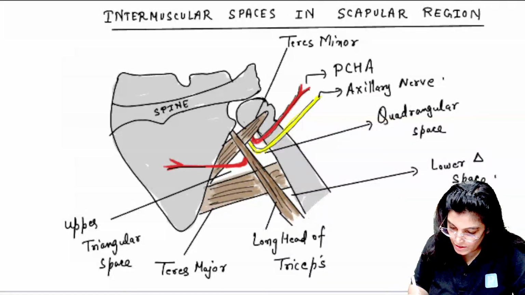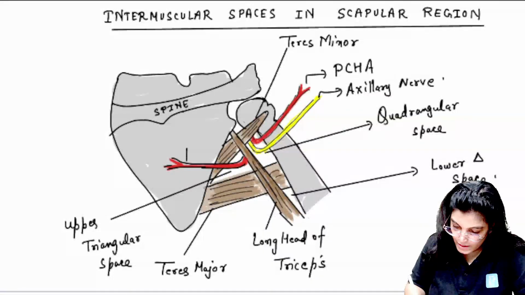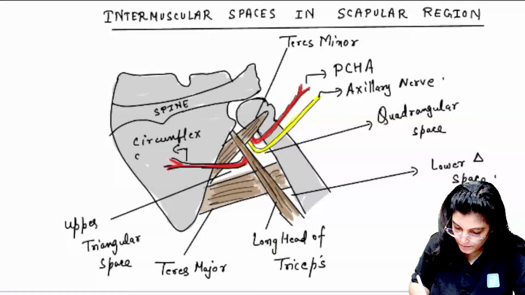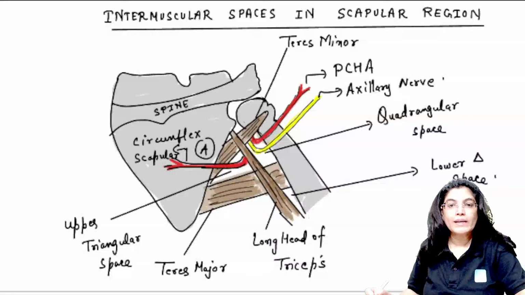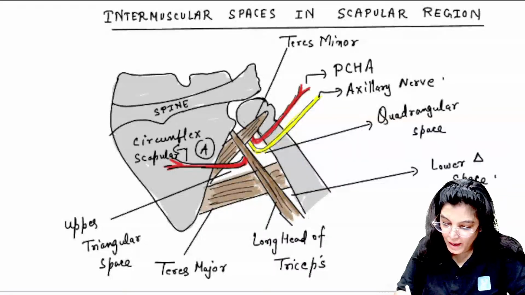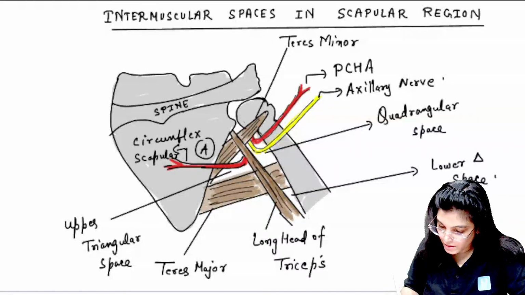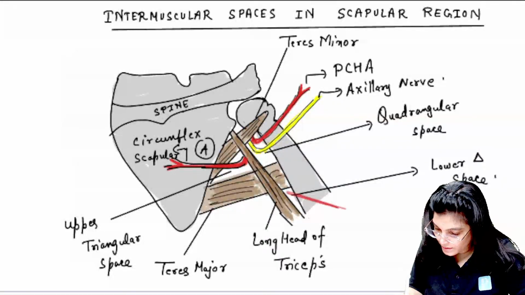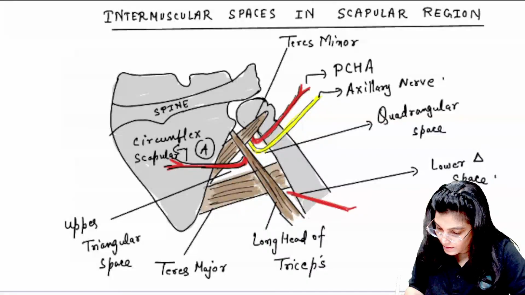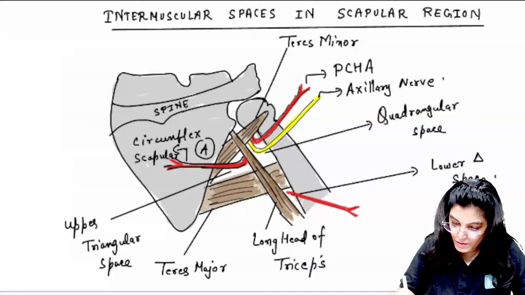So again, these are just schematic diagrams. This artery is circumflex scapular artery. And through the lower triangular space, we have one nerve and one artery again. We will have the artery here and we will have the nerve.